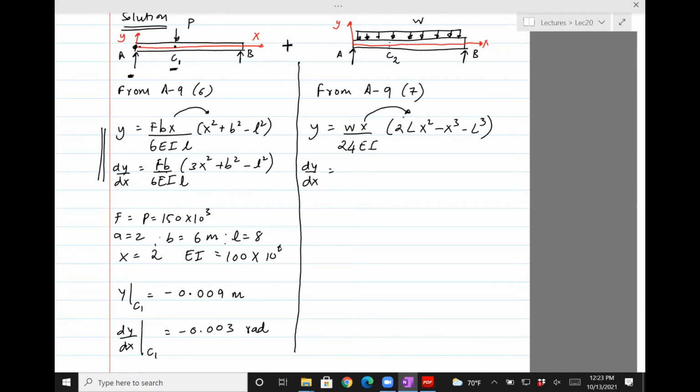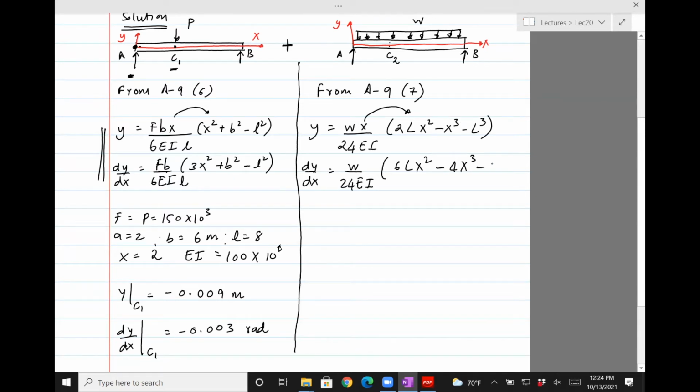So what I would have is, let me write down the first constant term. I would have 2L times x cubed because I moved the x inside. So the derivative of that is 6LX squared minus, when the x multiplies with x cubed, I have x raised to 4, so 4x cubed, minus L cubed times x.